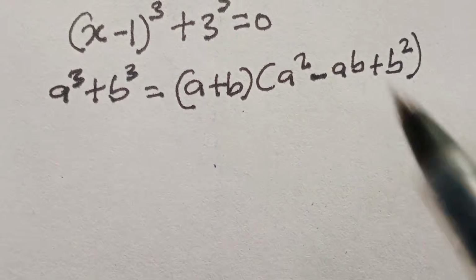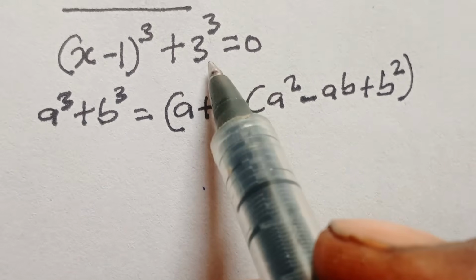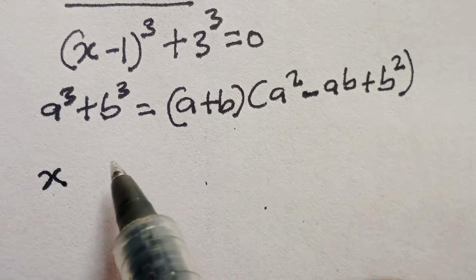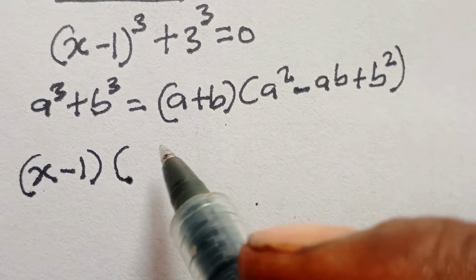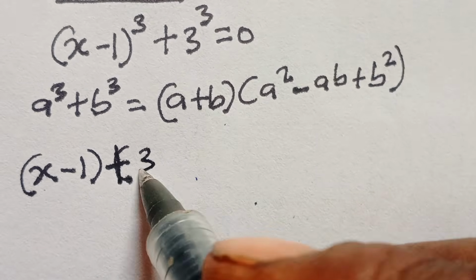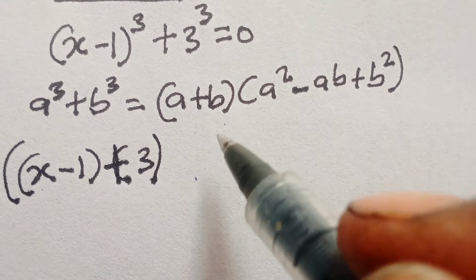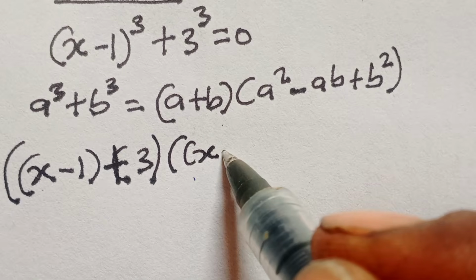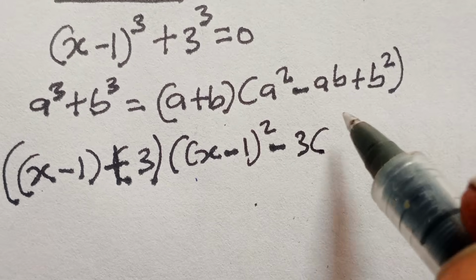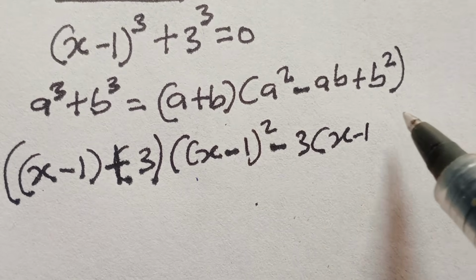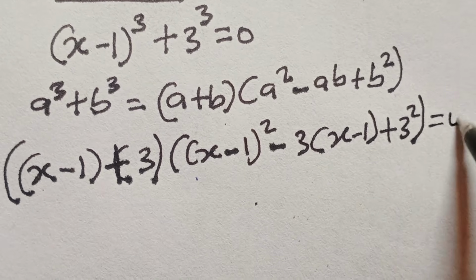So when I apply this to what I have above, I will now be having (x minus 1 plus 3) into ((x minus 1) squared minus 3 into (x minus 1) plus 3 squared), everything now equal to 0.